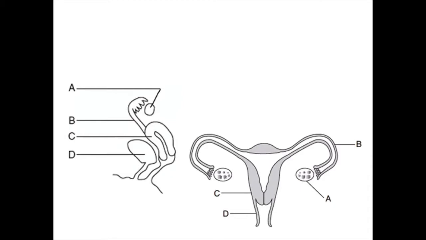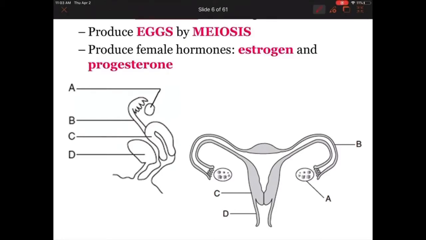We're going to follow the path that an egg, or ovum, would be taking during the course of a female reproductive cycle, or the menstrual cycle. On both diagrams on this page, you have structure A. Here's your side view of the female reproductive tract, and here is a front view.